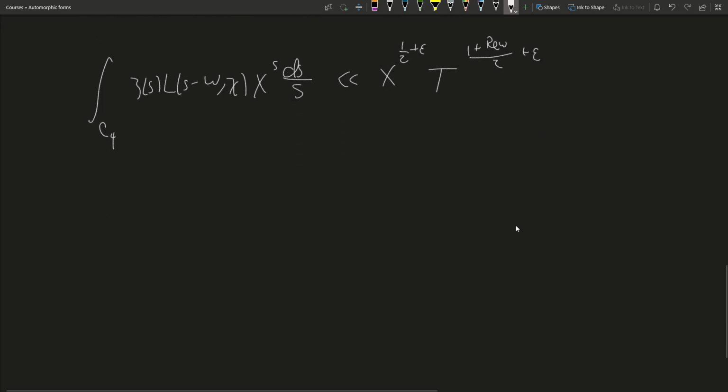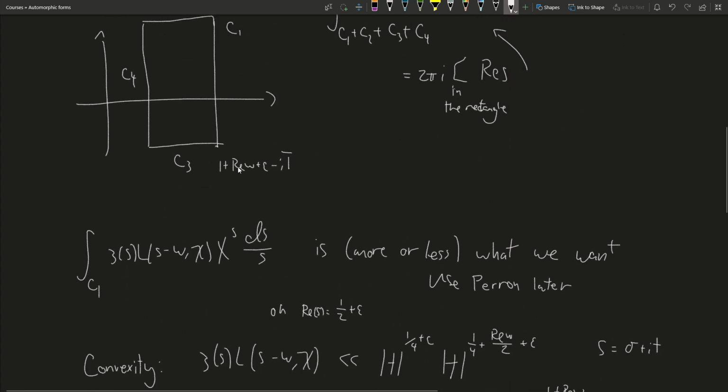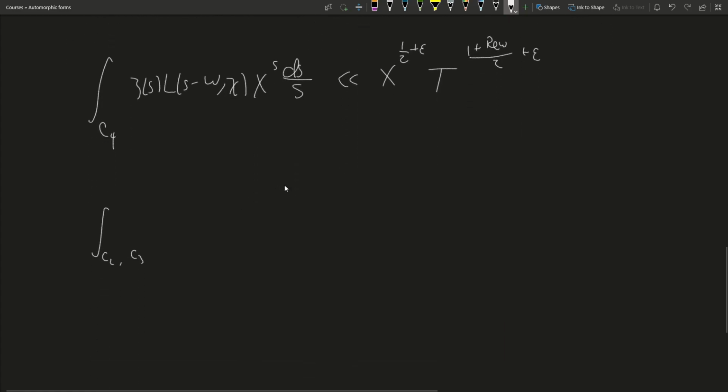For the bounds on C2 and C3, which were the horizontal segments here, the bound is smaller, right? You can essentially just plug in the endpoints of your integrand, because you're using the triangle inequality. You're just integrating exponential in x.